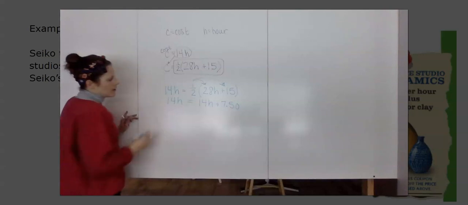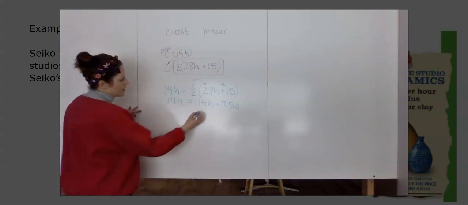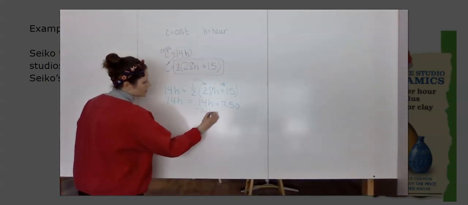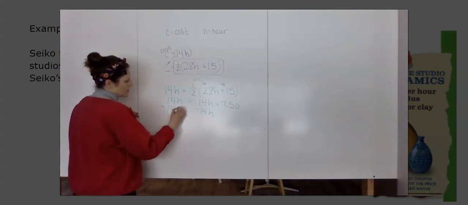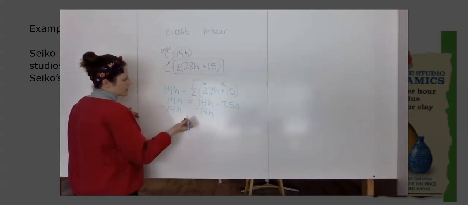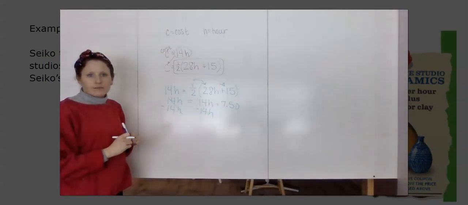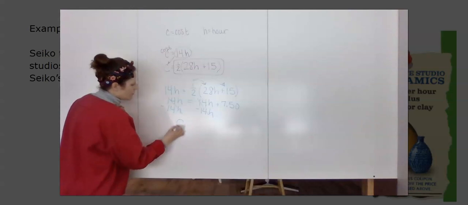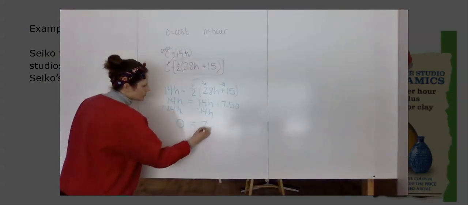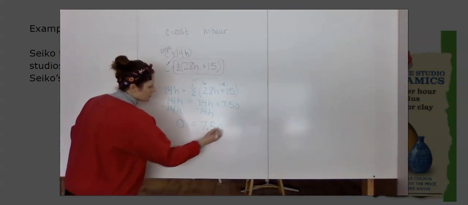All right. Now I need to get all of my h's to one side. So let me subtract 14h from this side, 14h from that side. What do you notice? I'm left with 0 equals 7.50.